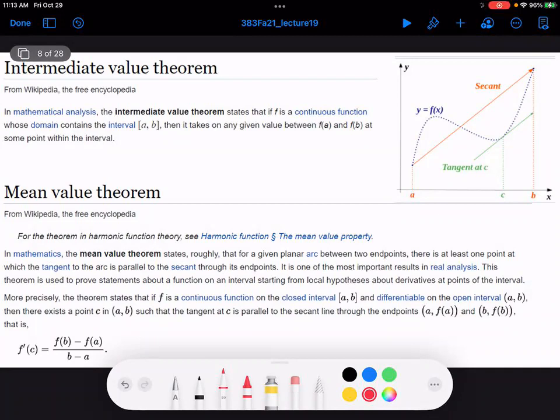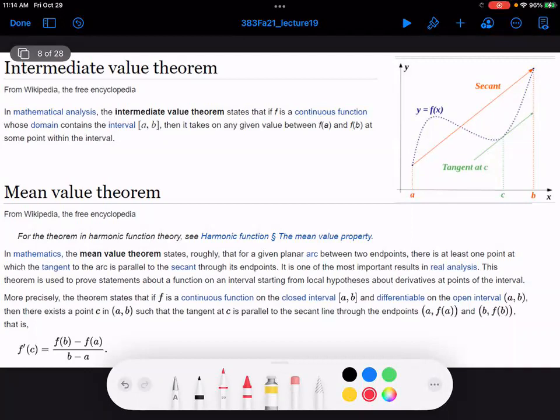The nice consequence of this is the mean value theorem. We are going to use this potentially. It basically says that if you have a continuous differentiable function on [a, b], then at some point in time, you're traveling the average speed. If you think about it, let's say my average speed is 50 miles per hour, and let's assume I'm not traveling at 50 miles per hour at either of the endpoints, otherwise it's trivial. If my speed is always below 50 miles per hour, I can't have 50 as my average speed. If my speed is always greater than 50 miles per hour, I can't have that as my average speed.